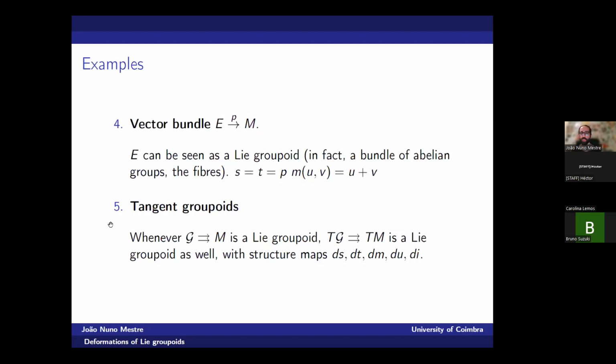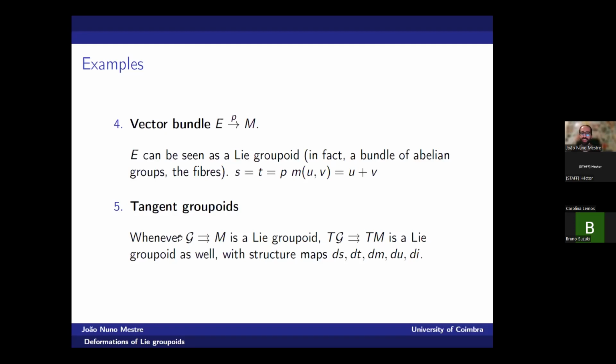Yet another groupoid that I can always form out of a Lie groupoid is what's called a tangent groupoid. So if I apply the tangent functor to a Lie groupoid, I will obtain the tangent bundle of the Lie groupoid as a manifold of arrows over the tangent bundle of the base as manifold of objects.